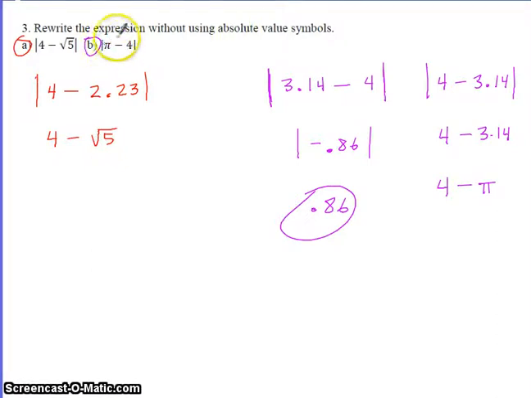So if you flip the 4 and the pi around, that's going to give you a positive 0.86, right? And so you can rewrite this problem without the absolute value just by writing 4 minus pi, because that's just like saying 0.86 pretty much. So I know I'm jamming. I'm on limited time here, so hopefully that made enough sense. Ask me later if it doesn't.